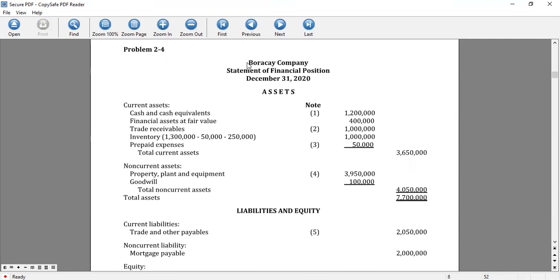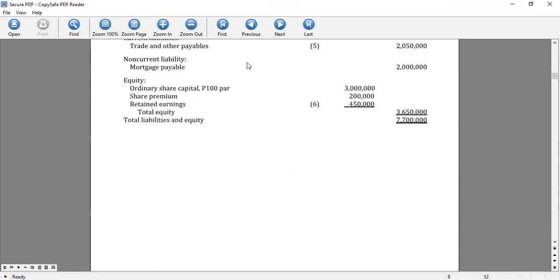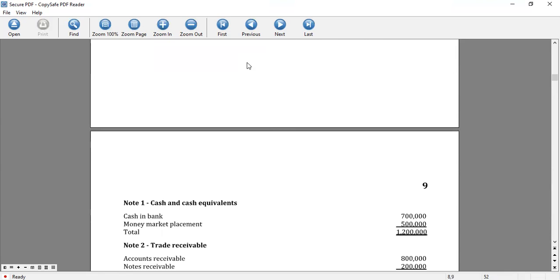So we have cash and cash equivalents in note number 1. So we have cash in bank for 700,000. And we have money market placement of 500,000. Given money market placement 3 months 500,000, and given is cash in bank of 700,000. So the total of note number 1 is 1.2 million.